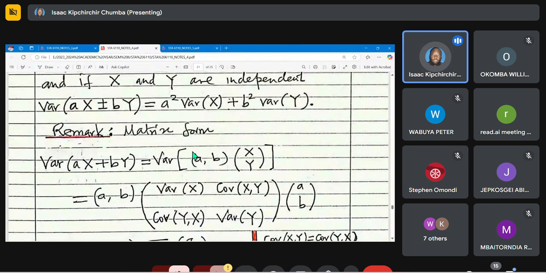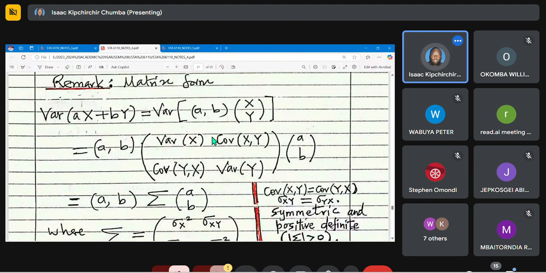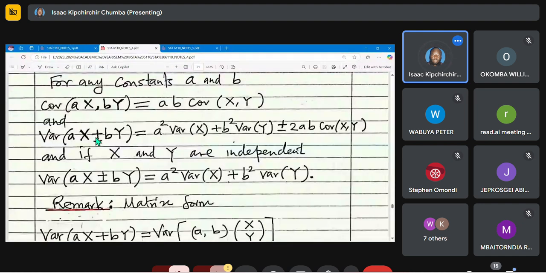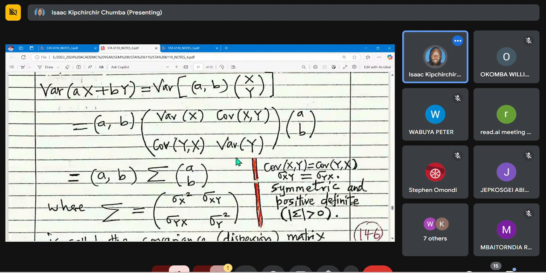Now, if you go and expand this, you will get what you have on the right hand side, for the case of the plus. So we usually call this matrix the dispersion matrix. The elements are the variances and covariances. That's what I was saying: when you are studying more than one random variable, of interest are the variations and covariations.